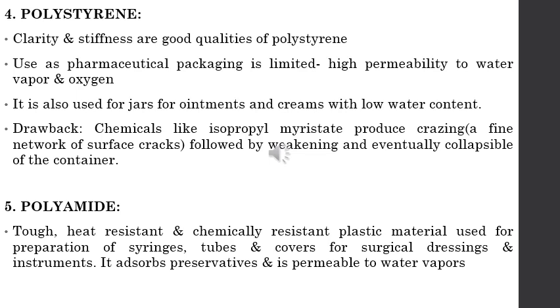So whatever formulation has a low water content, you can use polystyrene as a container. The drawback is that chemicals like isopropyl myristate produce crazing. Crazing is a fine network of surface cracks which is followed by weakening and eventual collapse of the container. So if you have this chemical, ultimately you get a damaged polystyrene container.